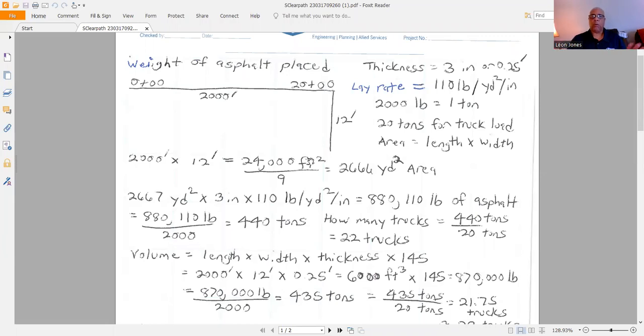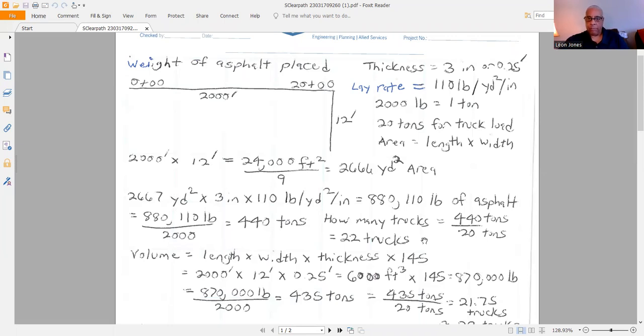Now, I'm going to even take it a little further. How many trucks am I going to need to place 440 tons of asphalt across a 24,000 square foot area? Now, how do I get that?